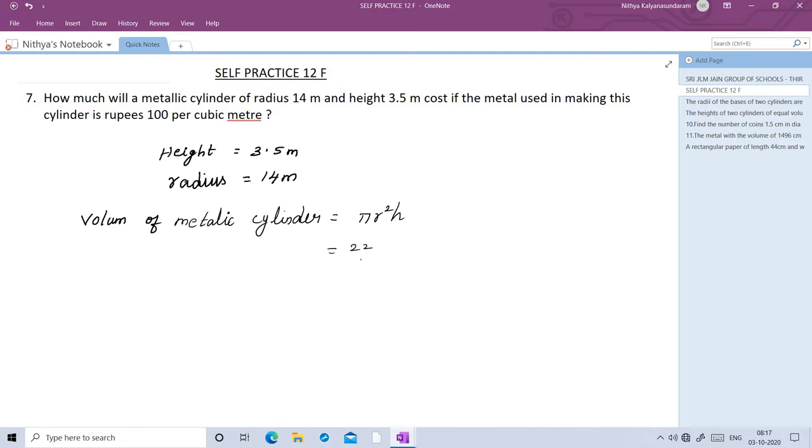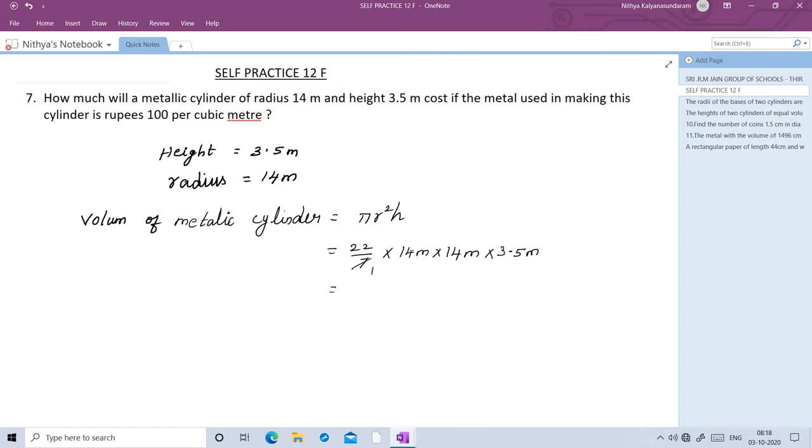Pi value is 22/7 into radius is 14 meter. So 14 meter into 14 meter, because for r square we want to write the radius 2 times. Then multiply height, which is 3.5 meter.